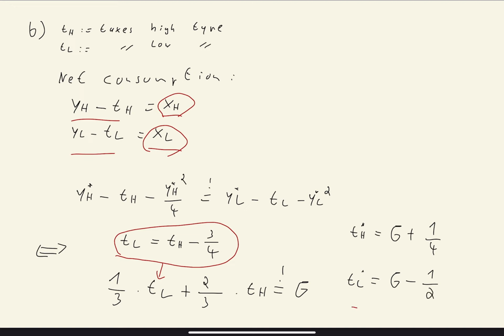Those are the taxes which are imposed in the first best allocation, given that the government must raise an amount G of tax revenue.